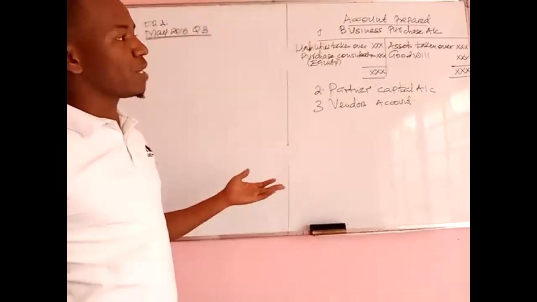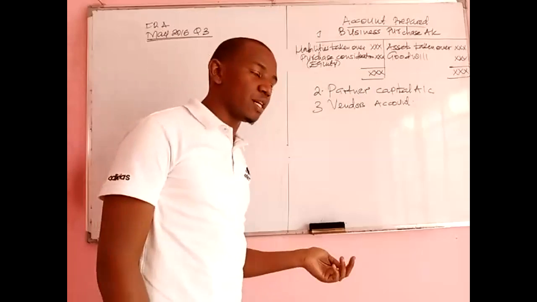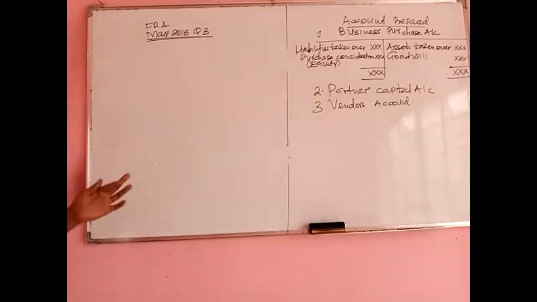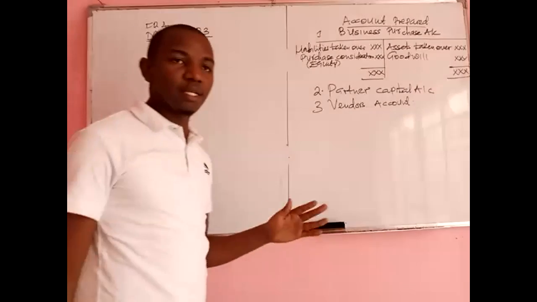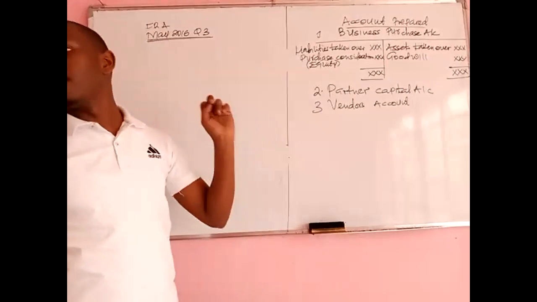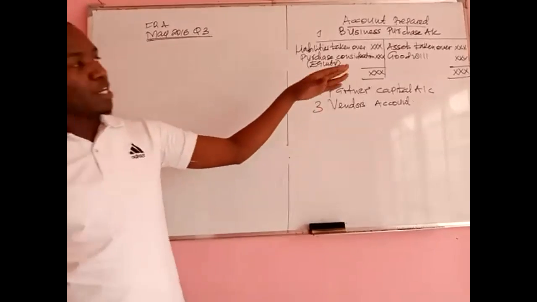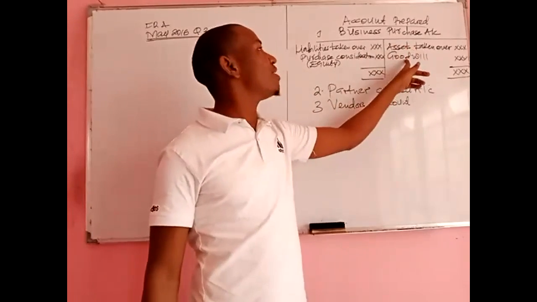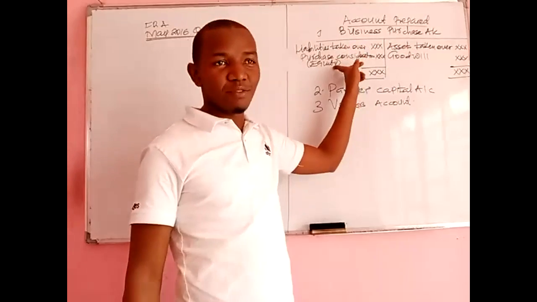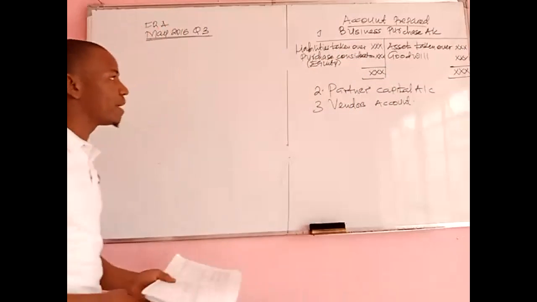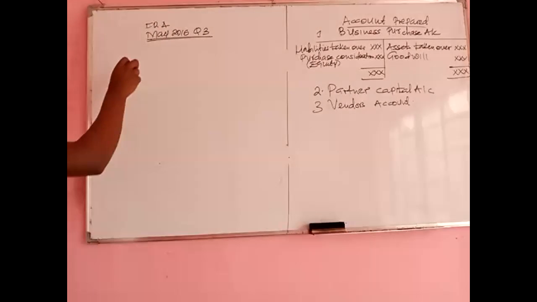However, they've not told us what the purchase consideration was. But purchase consideration from the format, remember this is what I've said, is assets taken over, you add the goodwill, you less the liabilities taken over. And that is why if I take this, I add this, I minus this, it gives us the purchase consideration. So it's out of that now, preparing a business purchase account.